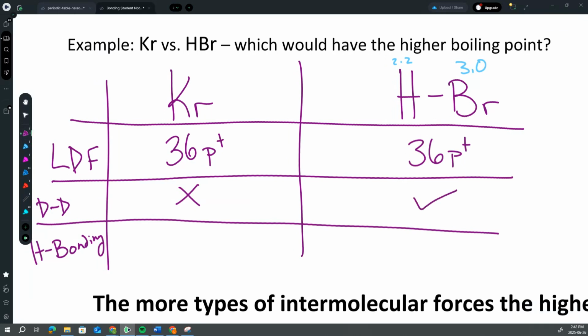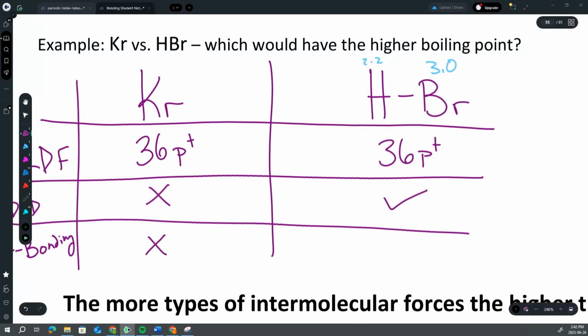For hydrogen bonding, since krypton is not polar, it can't be doing hydrogen bonding. Also, it doesn't have hydrogen in it, so it can't hydrogen bond. Meanwhile, if we look at hydrogen bromide, hydrogen is not directly connected to nitrogen, oxygen, or fluorine. So hydrogen bromide also can't do hydrogen bonding.